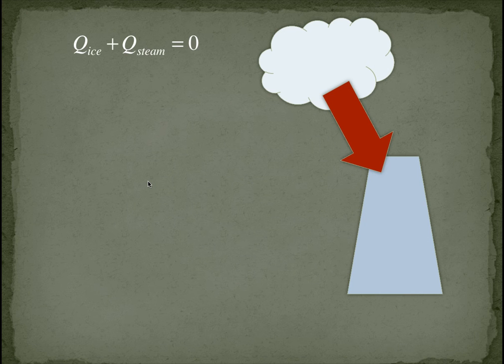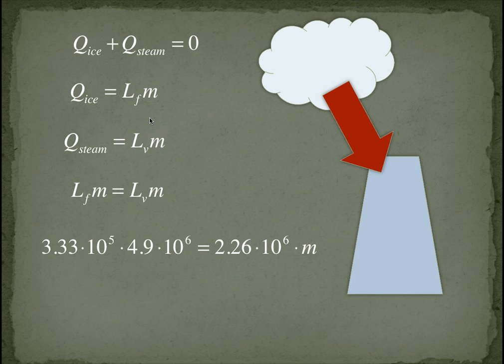So Q for ice is going to be latent heat of fusion times mass, and the heat of steam will be latent heat of vaporization times mass. So energy is gained by ice and lost by steam, but they are equal in their magnitude. So I'm going to just set them equal to each other and then go ahead and apply.